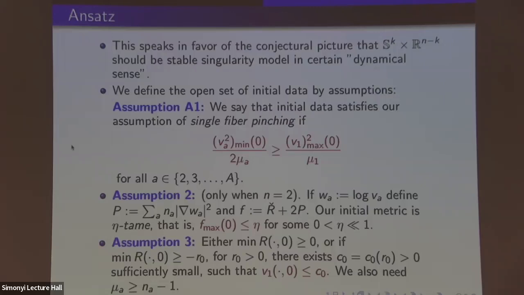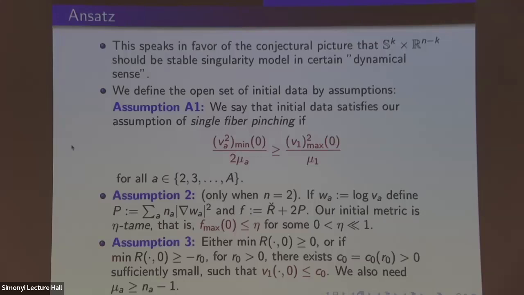We want to have some control on R check, and we want to achieve it by the maximum principle, but as you will see from the evolution equation, we cannot do it right away. So we had to add this term 2P, which helps us control the bad terms coming from the evolution equation.